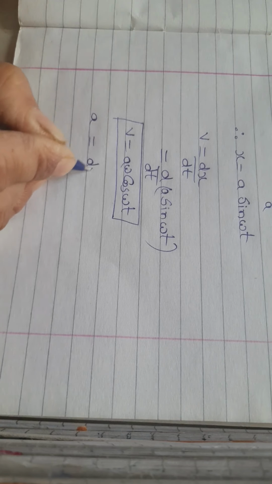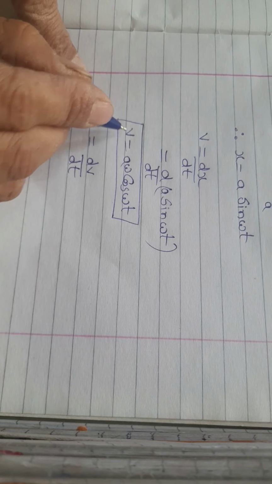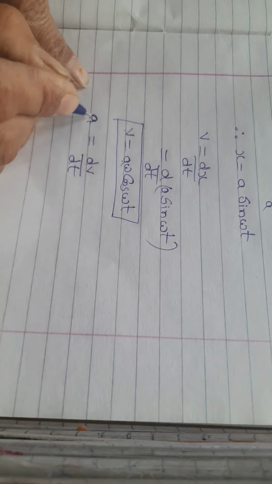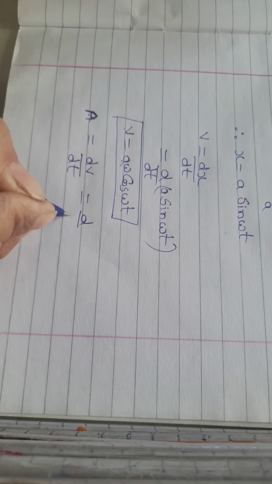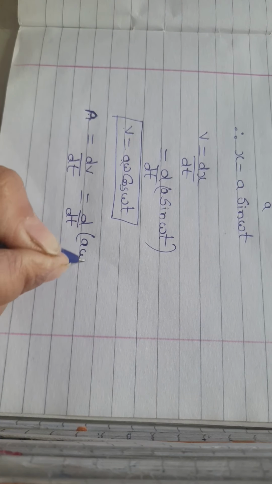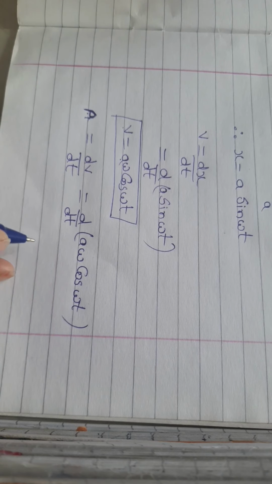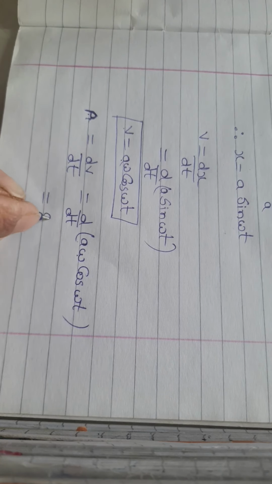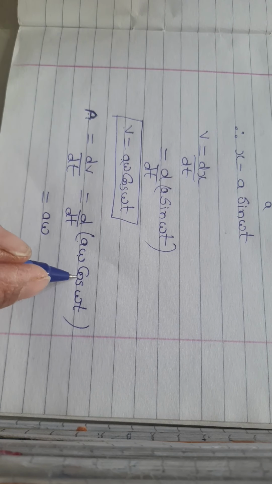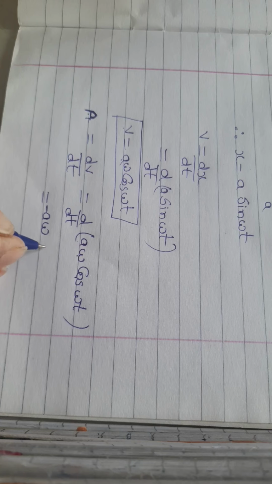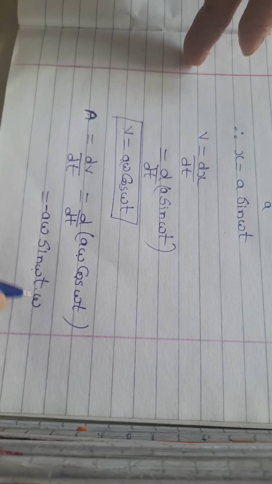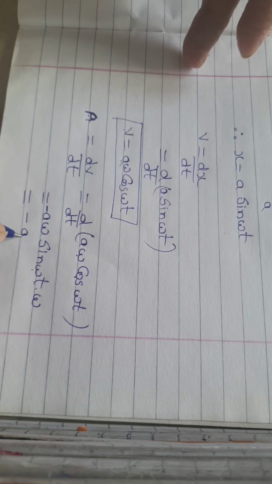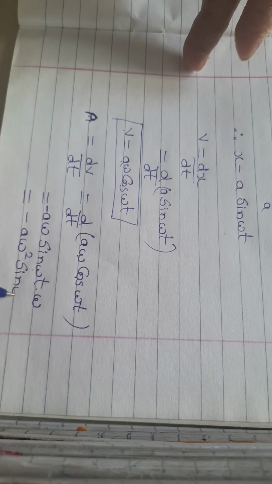Acceleration A is equal to dv by dt. Do not get confused between the two A's; we are taking capital A for acceleration. Then it becomes d/dt of A omega cos of omega t. Now A and omega are both constant, so we take them outside. The derivative of cos is minus sine of omega t, and the derivative of omega t is omega, hence omega into omega, and the equation becomes minus A omega square sine of omega t.